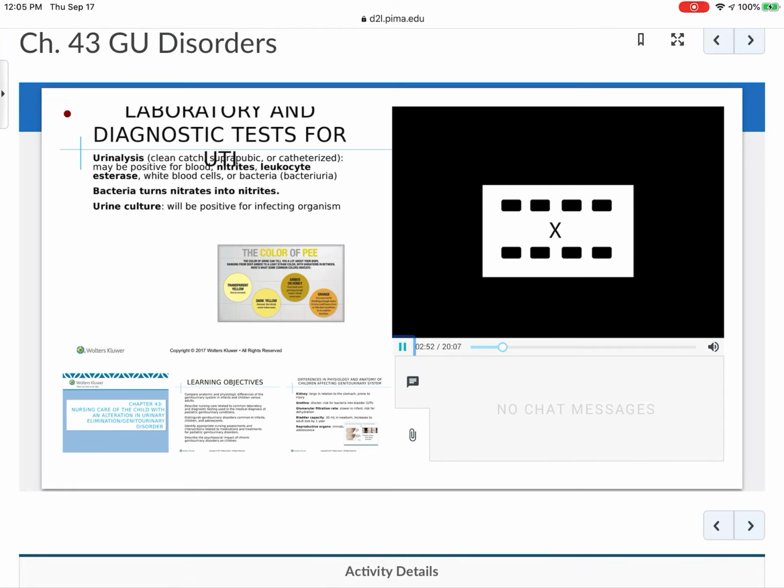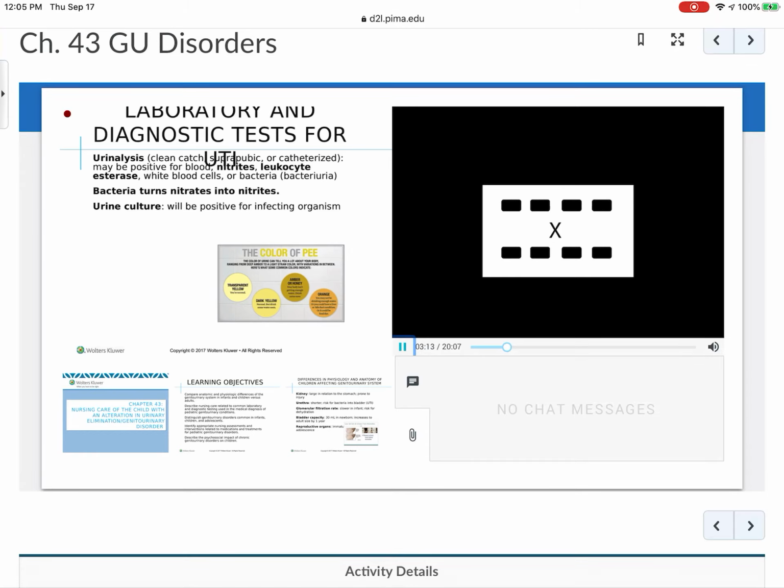And then what they'll do is check a basic urinalysis, and then they'll culture that out, so that if a urinalysis is indicated or found, then they will culture it to find out what the organism is, and then the physician will get a list of sensitivities.